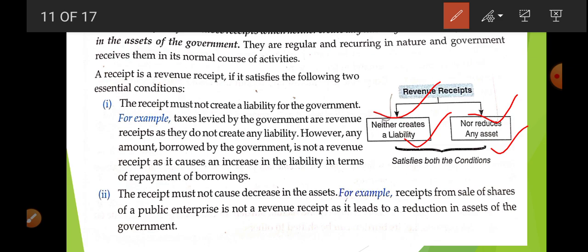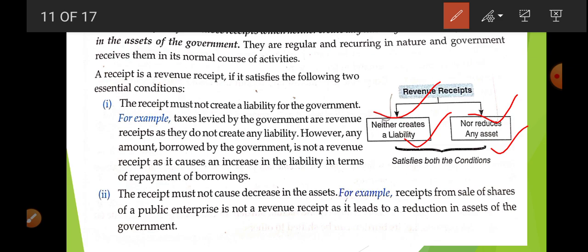Why? Because when your father gives you 500 for your pocket expenditure, you do not have to return this money, so no liability is created. There is also no requirement to sell anything to get this sum.